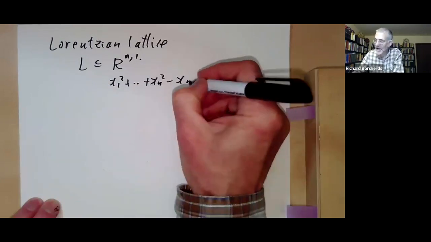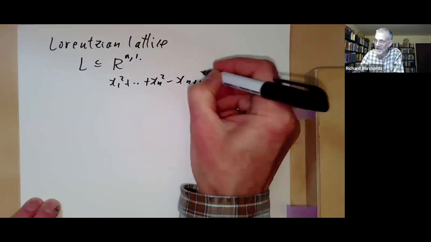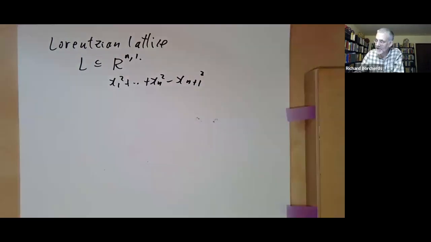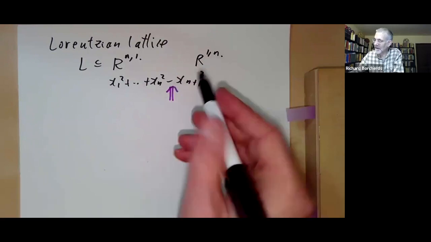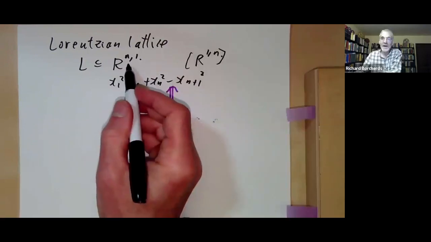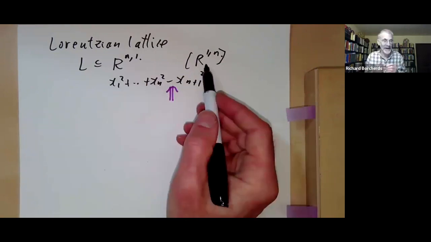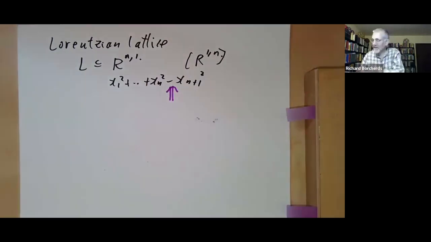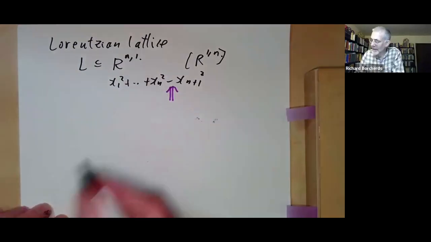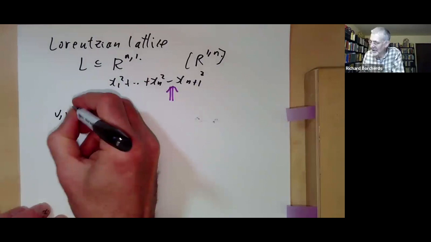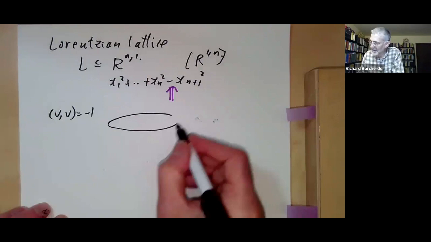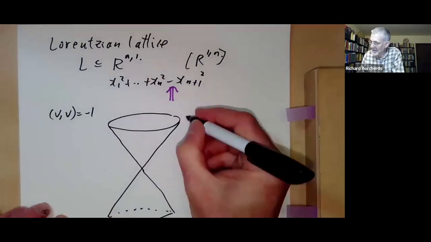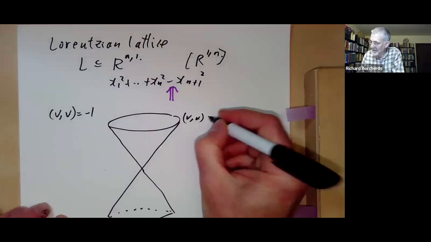If we look at the vectors with v squared equals minus 1, well, the vectors with v of norm 0 form a kind of double cone. It's the light cone from special relativity. And the vectors with v squared equals minus 1 form a sort of hyperboloid of 2 sheets. And each of these sheets is isomorphic to a copy of n-dimensional hyperbolic space.